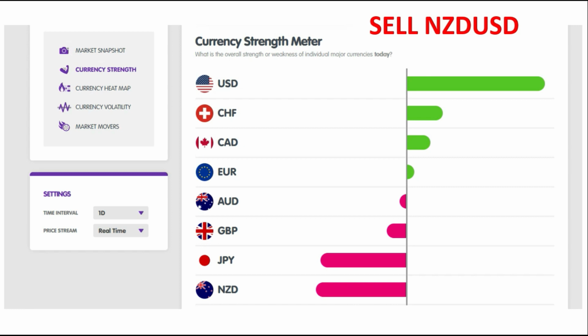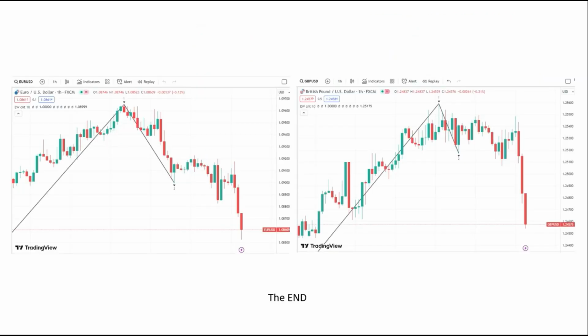But why am I talking about this? I'm talking because sometimes if you check the currency strengths, you can realize, for example, that if you have a problem and you cannot decide, is it a choppy market, is the US dollar bullish or bearish, you just look at the currency strength, or you check the other currencies. For example, you can put on the chart euro dollar, British pound dollar.